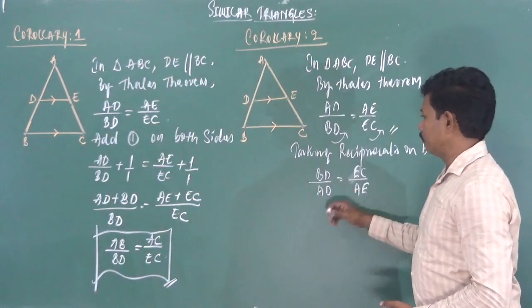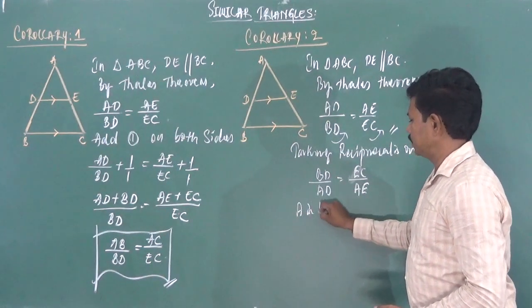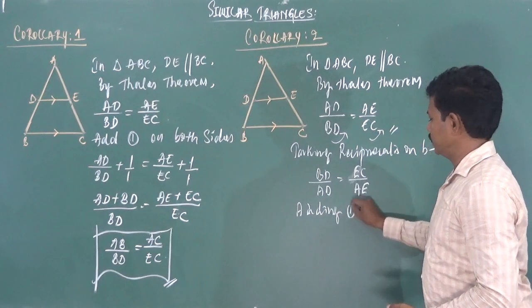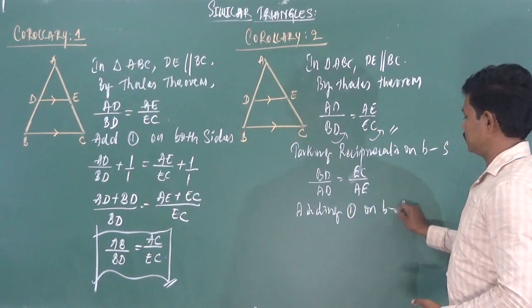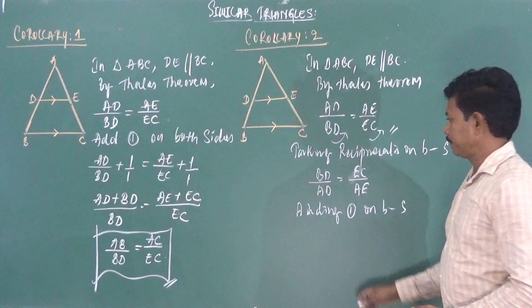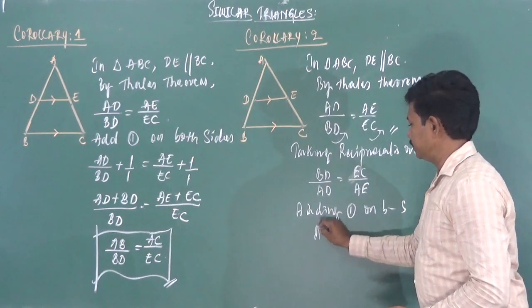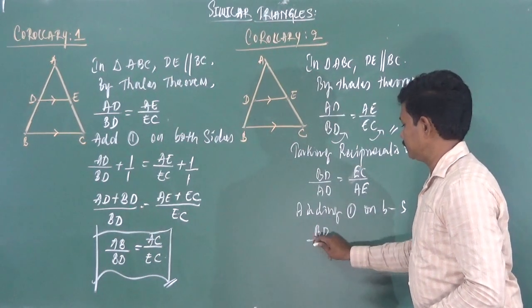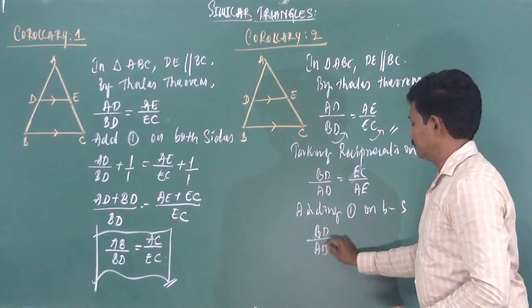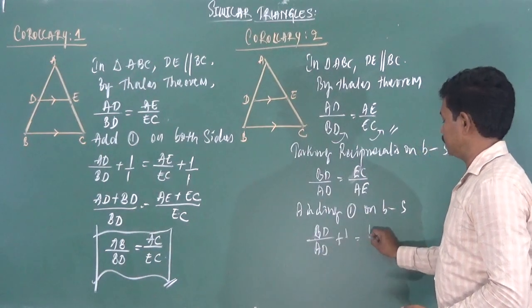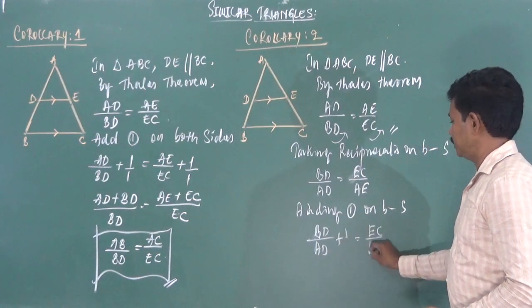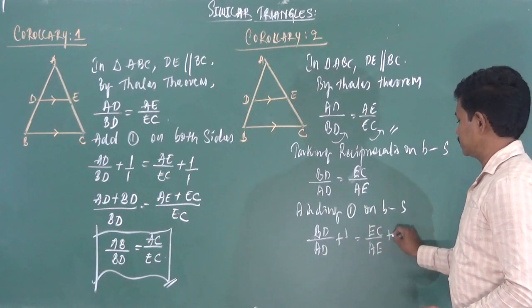Now I will add one on both sides. So BD by AD plus 1 is equal to EC by AE plus 1.